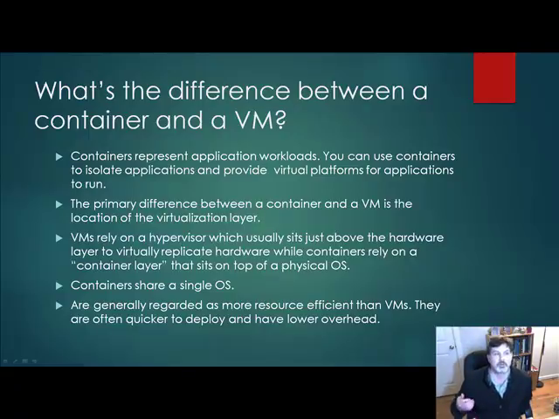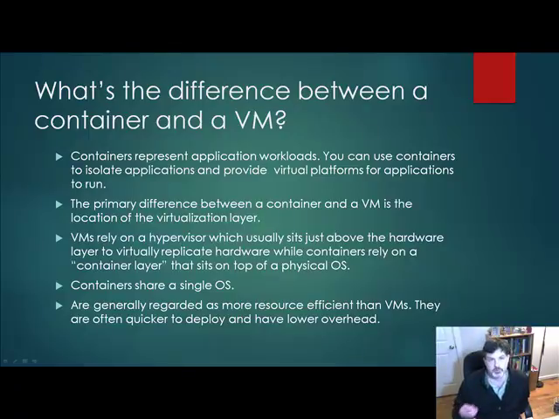There's a big difference, though, between the way a container works and a virtual machine works, and that really is dependent on the location of the virtualization layer. VMs are going to require a hypervisor. The hypervisor, at least in a Type 1 world, sits just above the hardware layer, and it's going to virtually replicate the hardware, while the containers are going to rely on a container layer that's going to actually sit on top of the physical operating system.